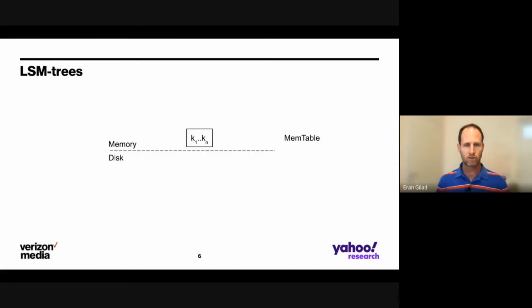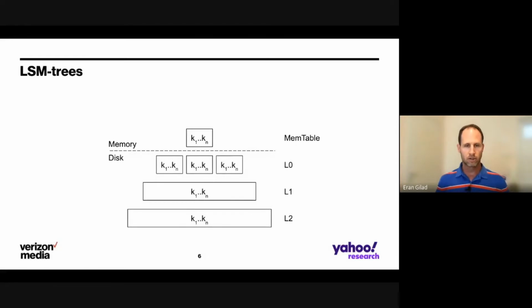The most popular design of key-value stores is called LSM trees. In LSM trees, the most recent updates are stored in memory in a data structure called a memtable. And the rest of the keys and values are stored in several levels of files on disk.